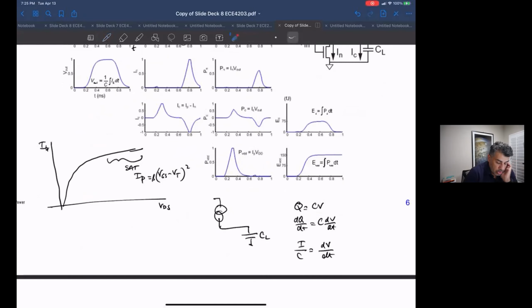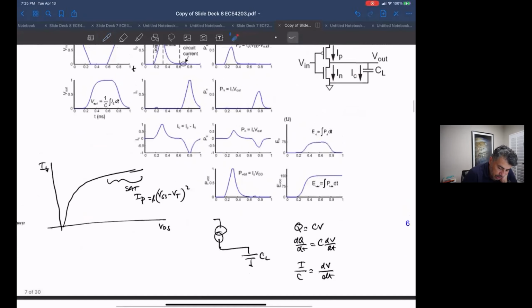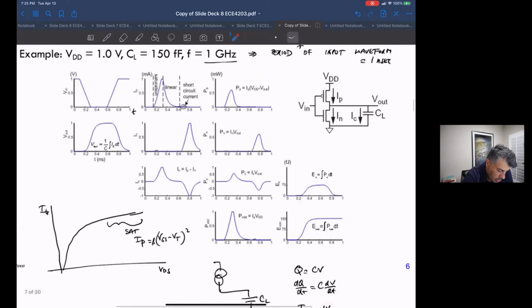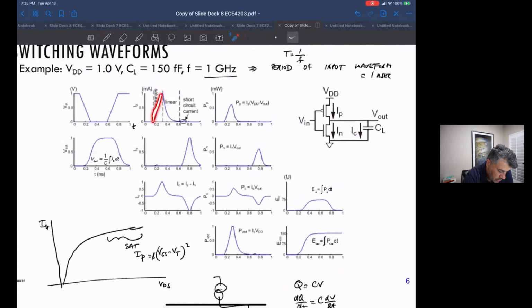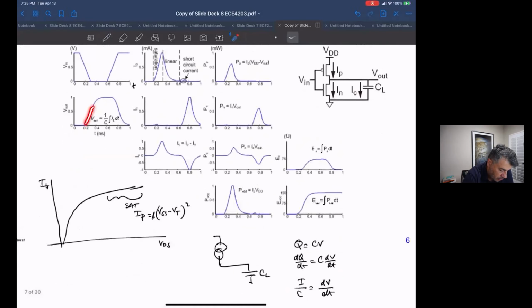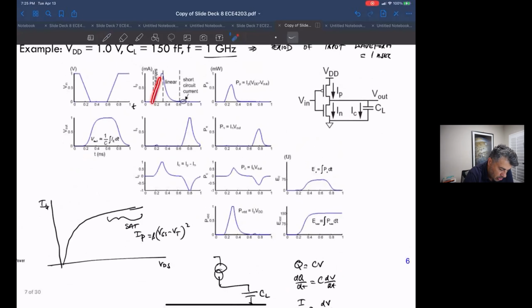A current source driving a capacitor, this is the current and this is the capacitor, just looks like a constant value. The change in voltage with respect to time, which is the slope, looks like a straight line. So here we just have constant current flowing.